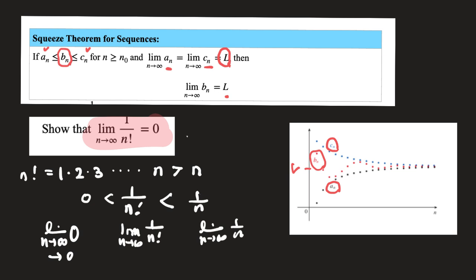We proved the limit of 1 over n is going to 0. So this going to 0, this going to 0, the middle term should go to 0. That's how to prove the limit as n approaches infinity of 1 over n factorial, the sequence, is going to 0, very fast.